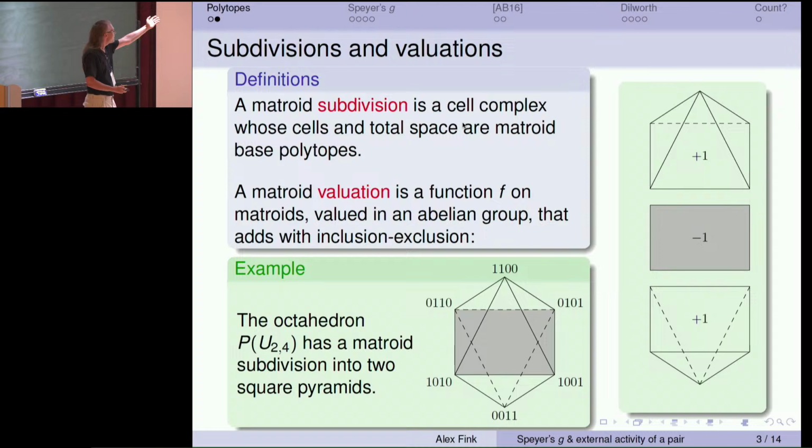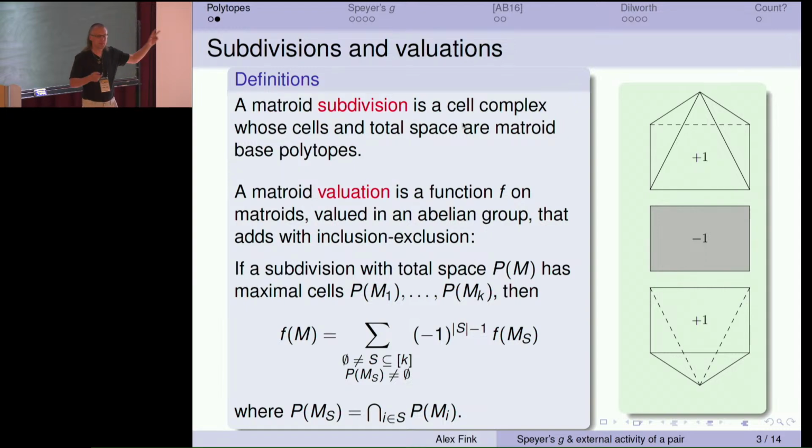A way of doing that is called a matroid subdivision, like cutting this octahedron in half into the 2 square pyramids, each of which corresponds to U24 with a basis removed. And then we're interested in functions which have an inclusion-exclusion type additivity anytime you have such a relation, and these are what we call valuations.